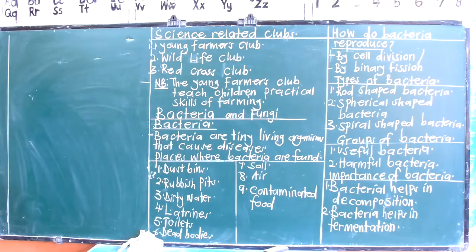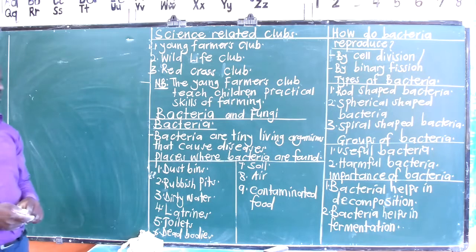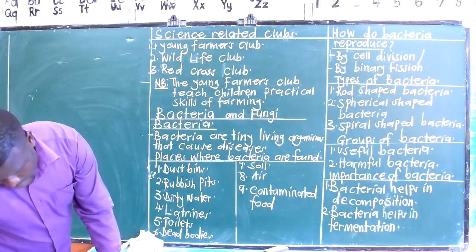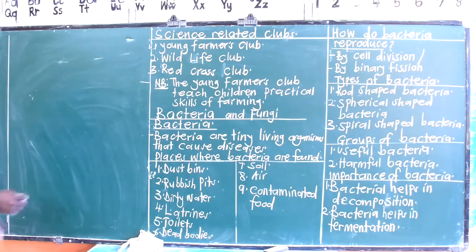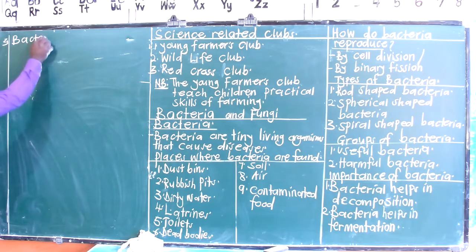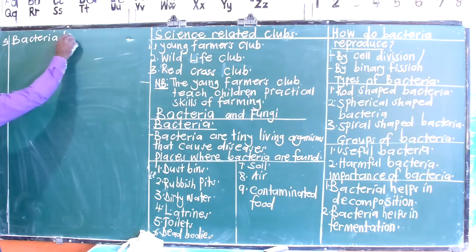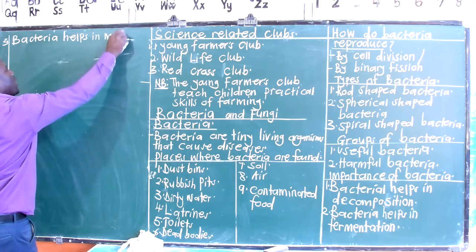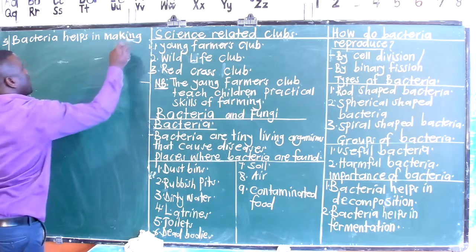Bacteria helps in decomposition of organic matter. Then bacteria helps in fermentation. Then bacteria helps in making vaccines. Number 3, bacteria helps in making vaccines.